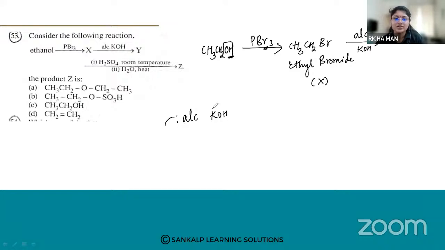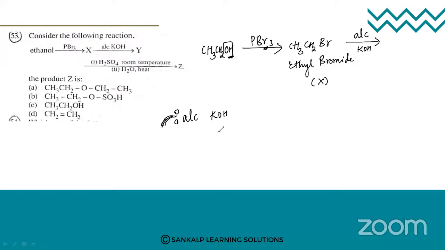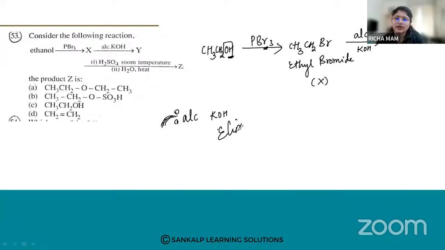We used it in haloalkanes and haloarenes. Tasmi has also answered C. Alcoholic KOH means potassium hydroxide prepared in alcohol, so it is called alcoholic KOH. What is the role of this alcoholic KOH, students? It is used for an elimination reaction.